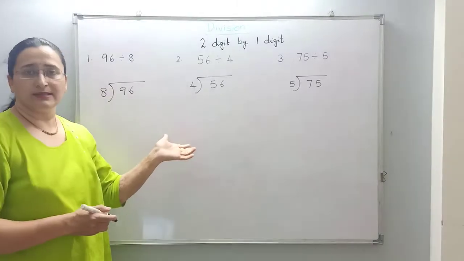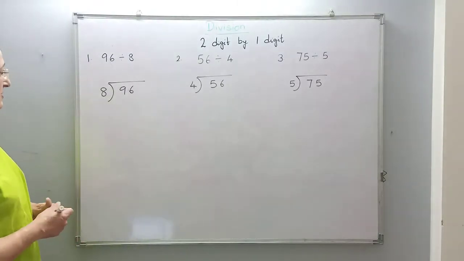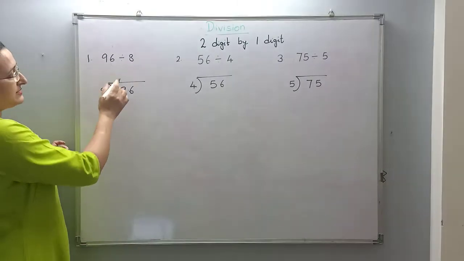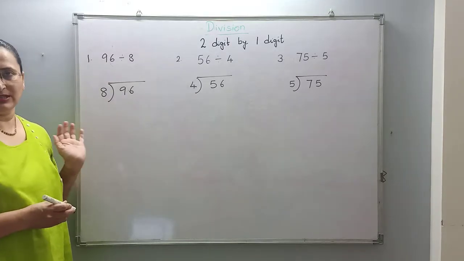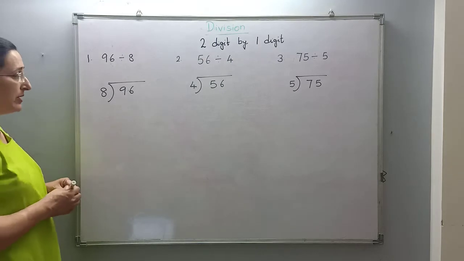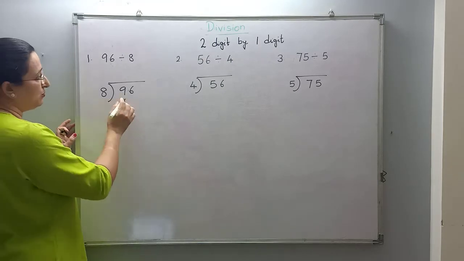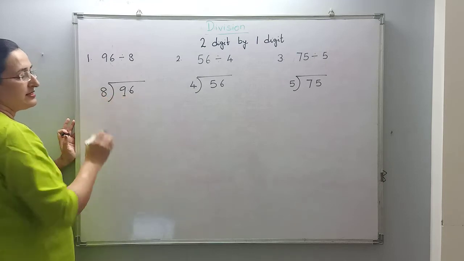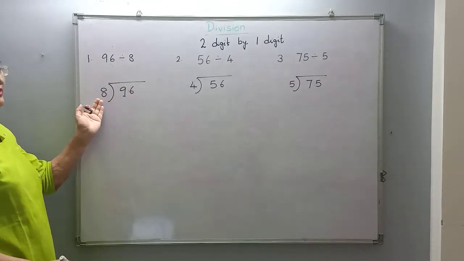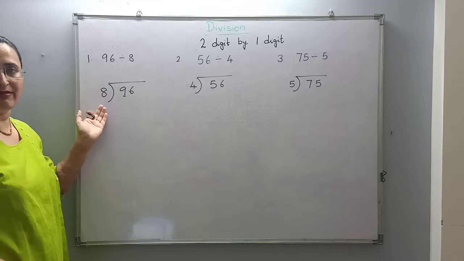Okay, so here are some more different examples. Now see the sum 96 divided by 8. Now you know 96 is not in the table of 8. But here you need to see the first digit, which is 9 and which is greater than 8, the divisor.